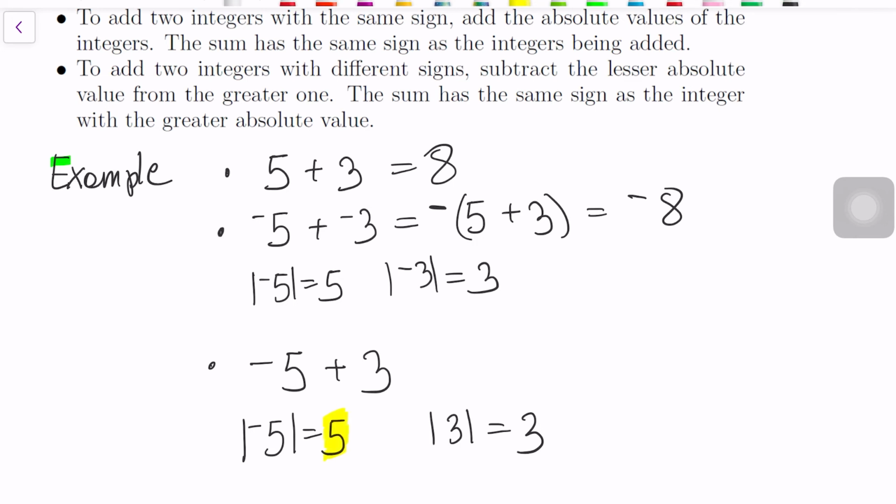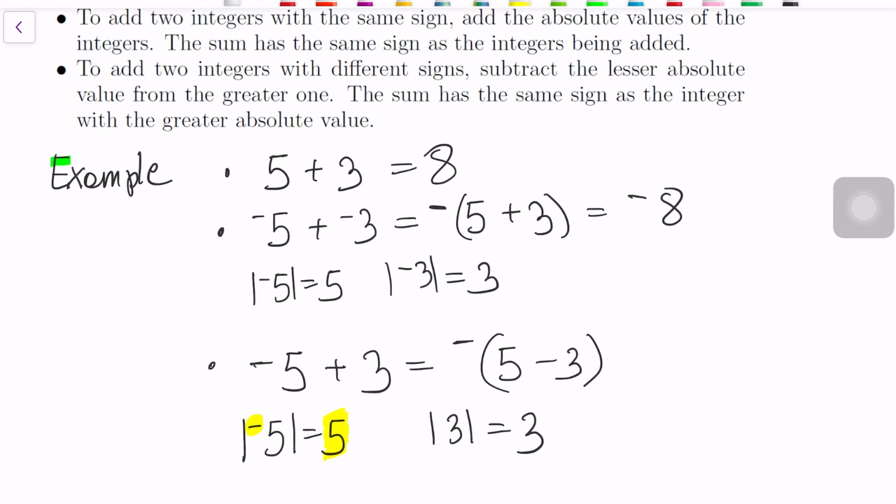That of negative 5. So from the bigger one, you subtract the smaller absolute value. And the sign of the sum is the same as that of the number with the greater absolute value. In this case, the sign is negative, because the greater absolute value was that of negative 5.